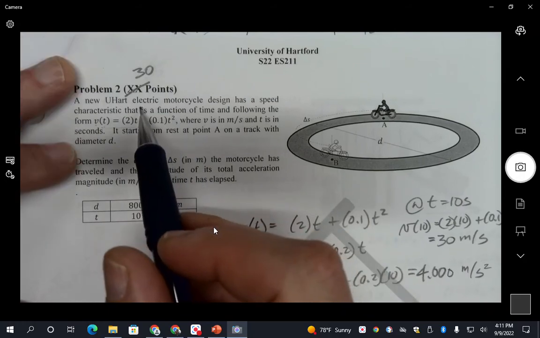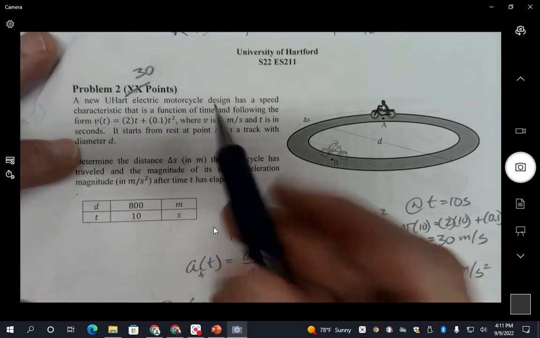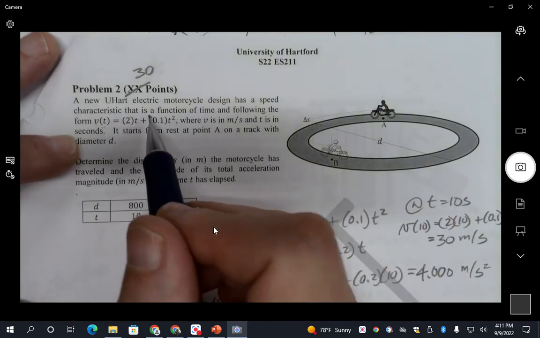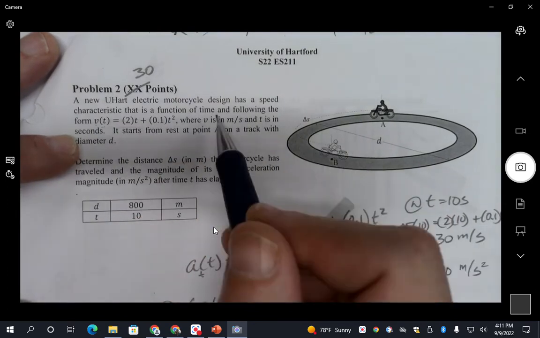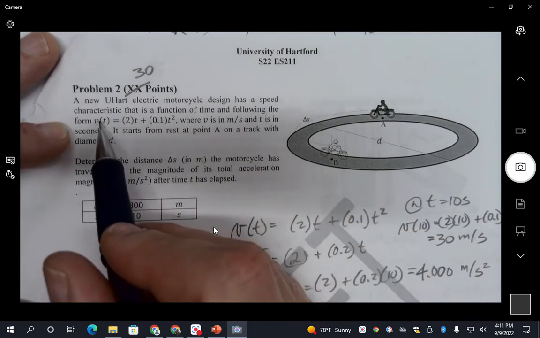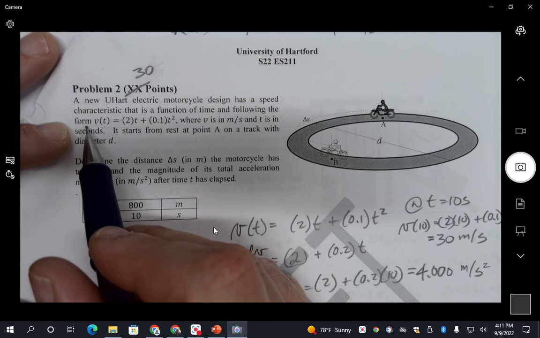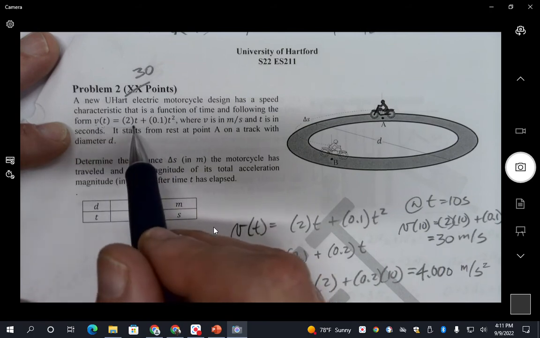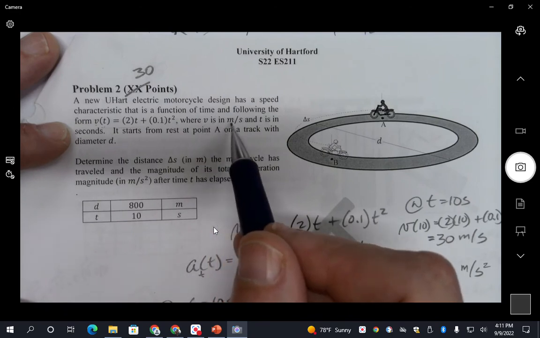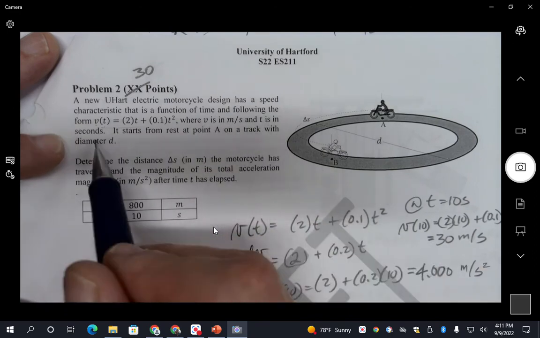A new electric motorcycle design has a speed characteristic that is a function of time. You can see the characteristic form right here is v = 2t + 0.1t², where v is in meters per second and t is in seconds.